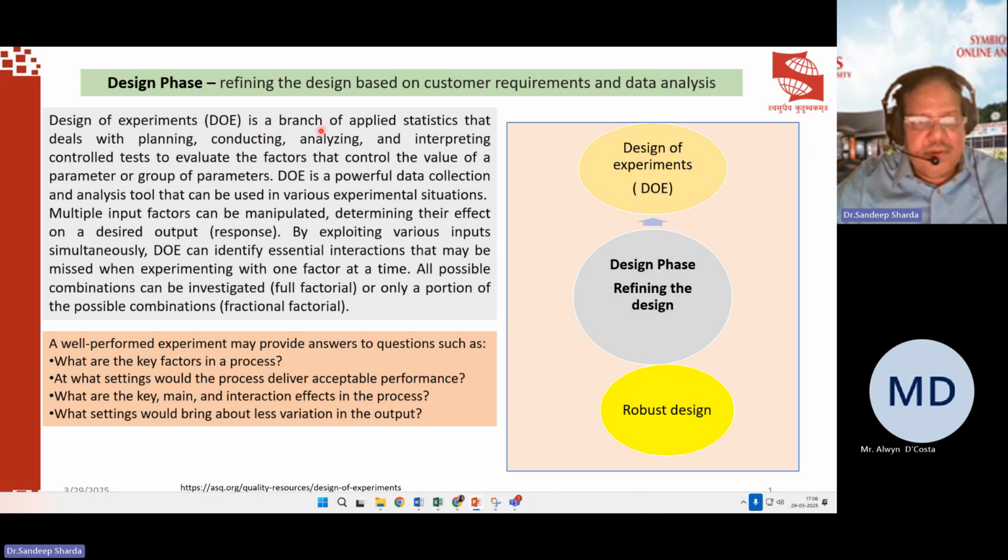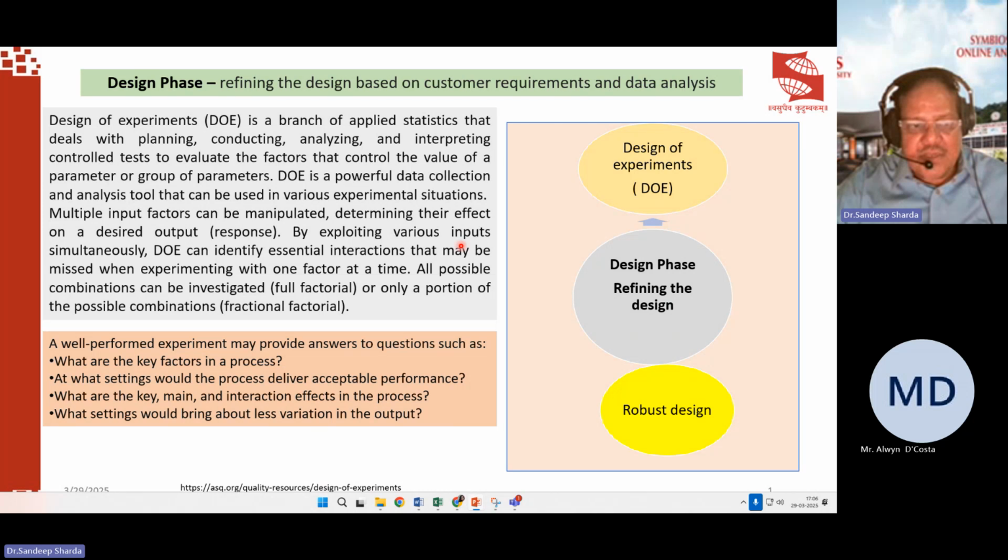Design of experiment is a branch of applied statistics that deals with planning, conducting, analyzing, and interpreting controlled tests to evaluate the factors that control the value of a parameter or group of parameters. DOE is a powerful data collection and analysis tool that can be used in various experimental situations. Multiple input factors can be manipulated, determining their effects on the desired output.